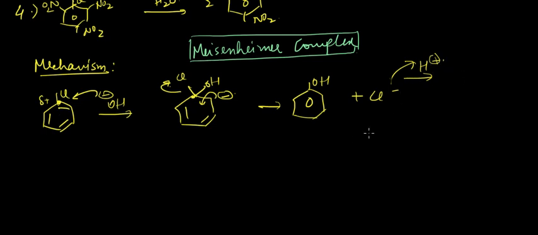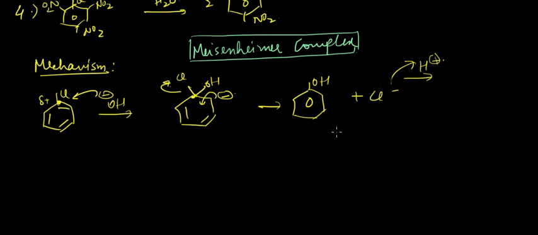Okay, and please remember that alcohols and ethers are stable in basic medium, hence they are not stable in acidic medium. So we would see their reaction in acidic medium, not in basic medium.